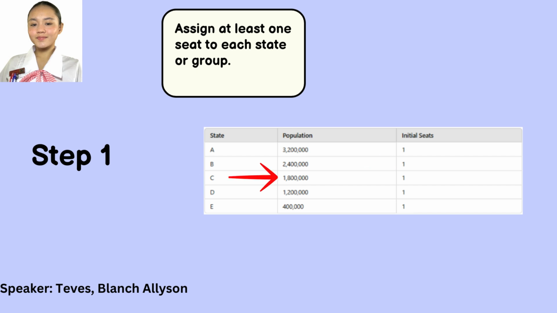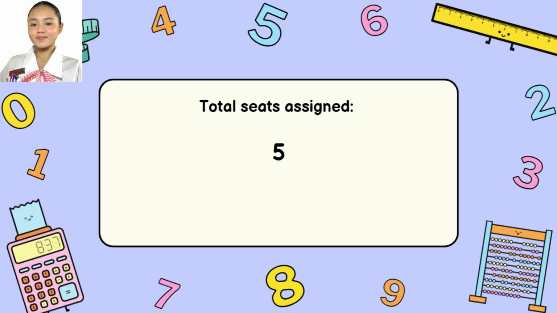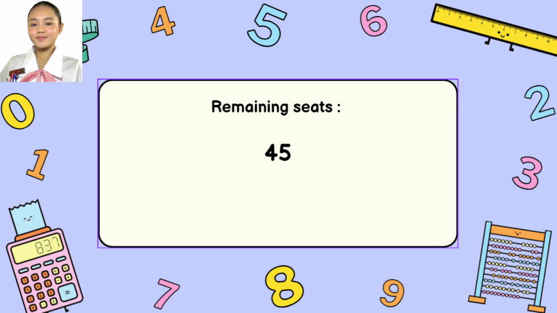State C: population is 1,800,000, initial seat is 1. State D: population is 1,200,000, initial seat is 1. State E: population is 400,000, initial seat is 1. So the total seats assigned is 5. Remaining seats is 45.